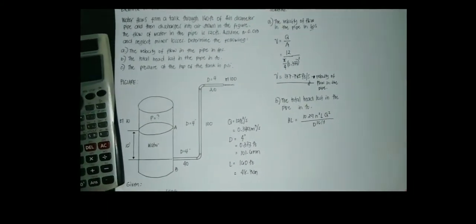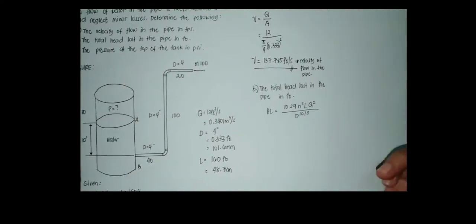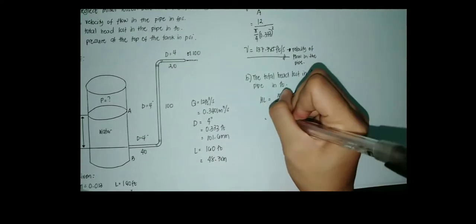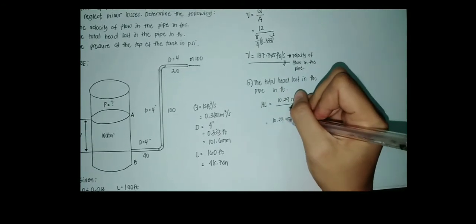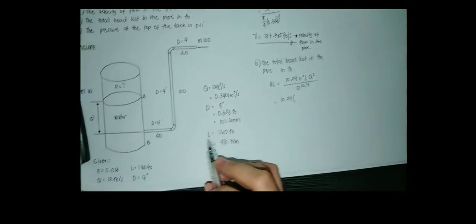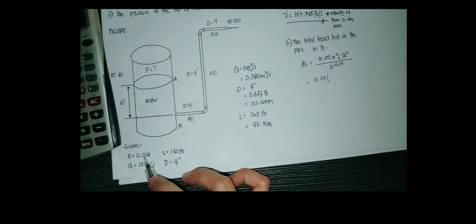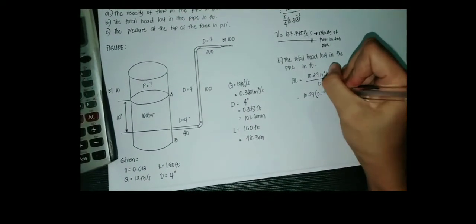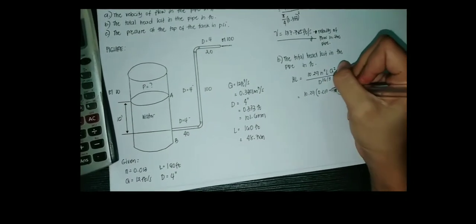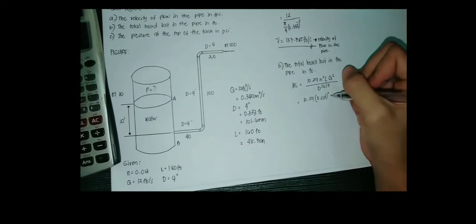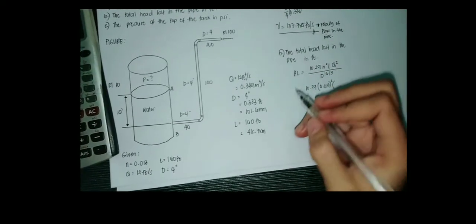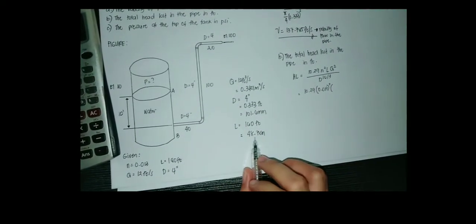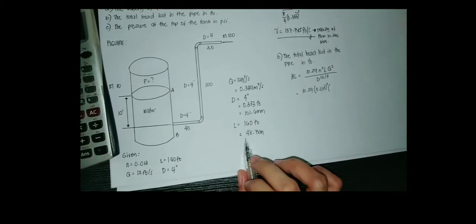Let's substitute. It is 10.29 times our n, from the given, 0.013 squared, since it is squared. Then our L is this one. We are going to use the value in meters.